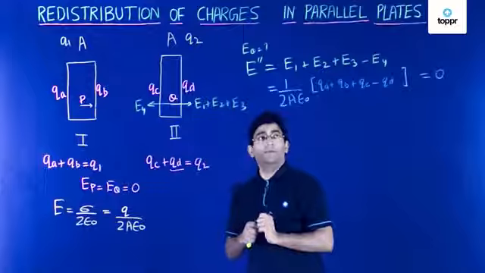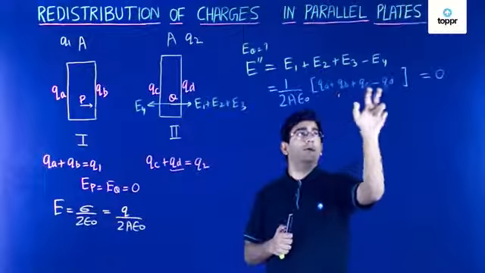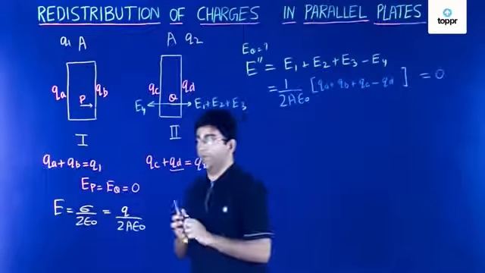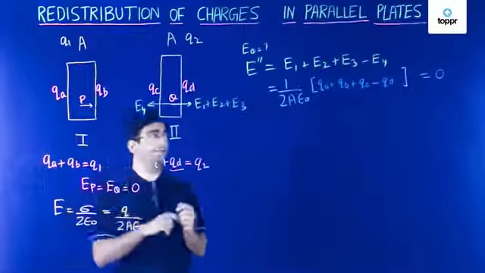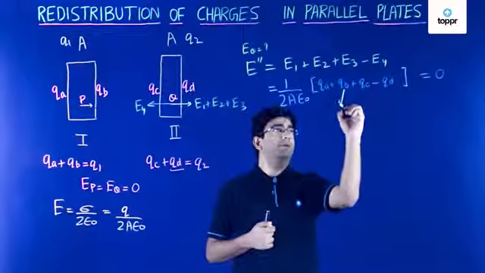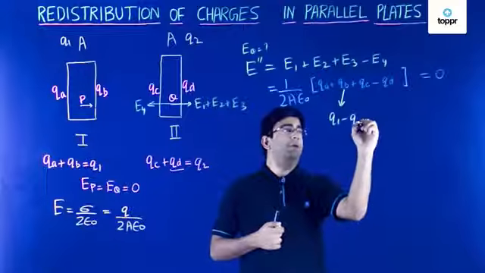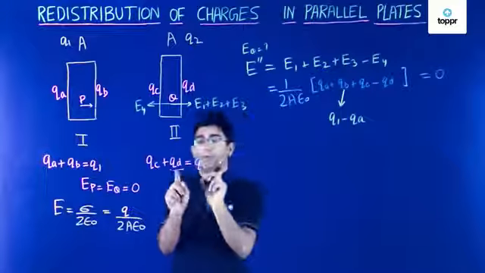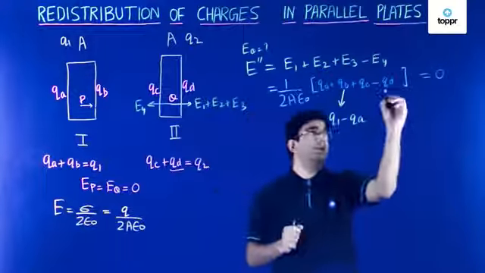After that we have to substitute the expression of QB and QD. QB would be written as Q1 minus QA, whereas QD can be written as Q2 minus QC.